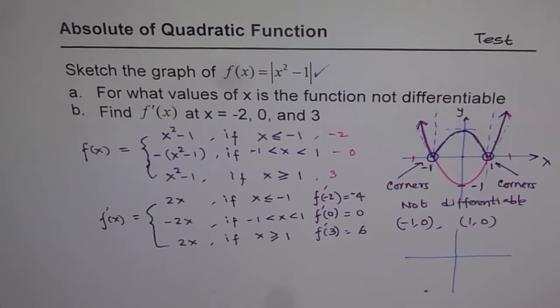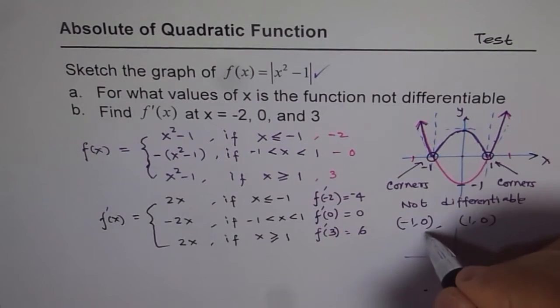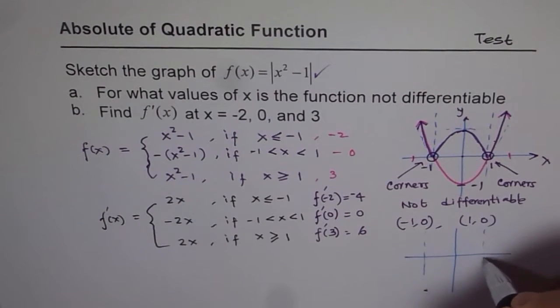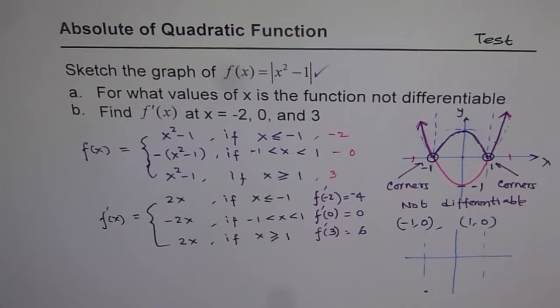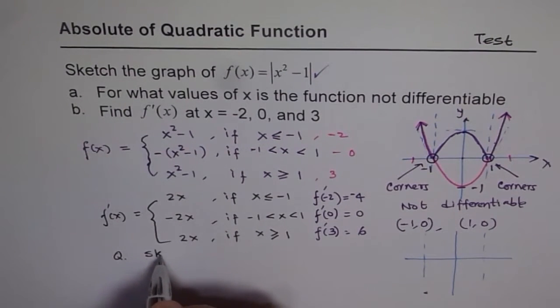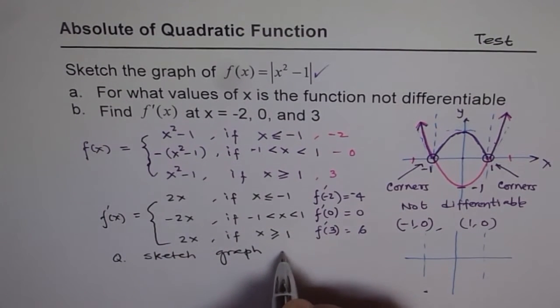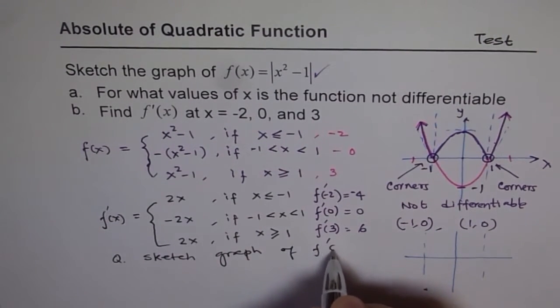I can give you that as an exercise now because I've done the complete work here, right? So here is a question for you. The question for you is to sketch the graph of f dash x.